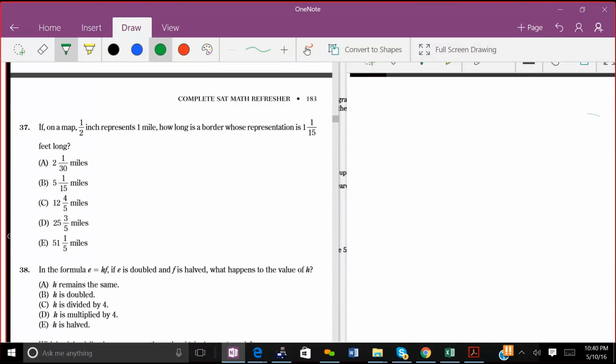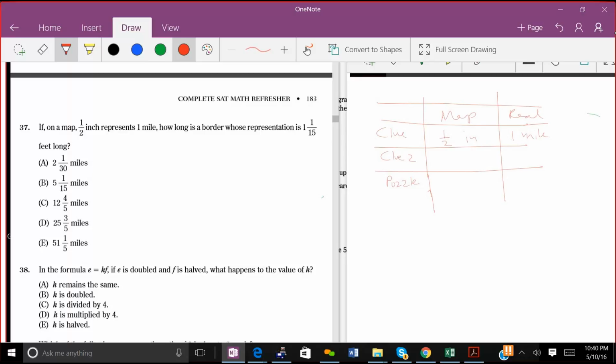So you should do clue and puzzle. You have the map and the real. We know the clue is 1/2 inch is 1 mile.